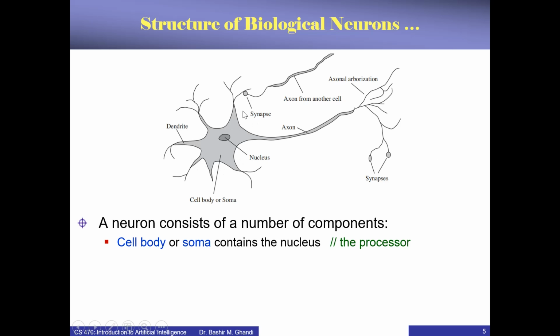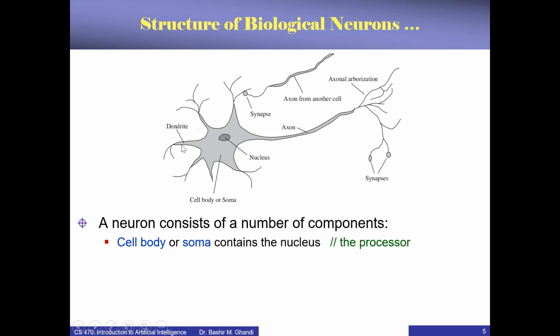So this big area you are seeing is what is called the cell body, which contains the nucleus of the cell, and actually is the main processing power of the neuron, and therefore you can think of it as the processor.